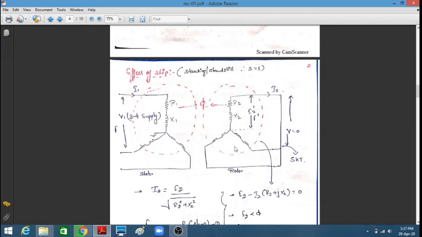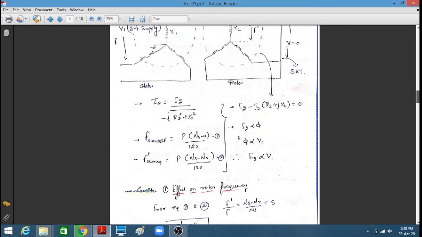From the secondary side, the secondary current I2 is E2, the per phase quantity, upon the total per phase impedance, that is the square root of R2 squared plus X2 squared. This can also be written as E2 minus I2 (R2 plus jX2) equal to 0.